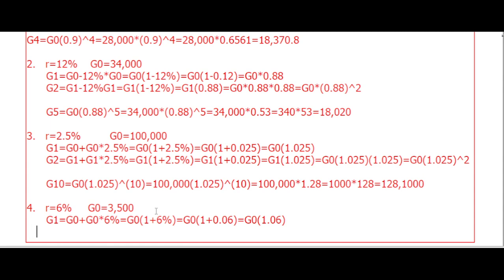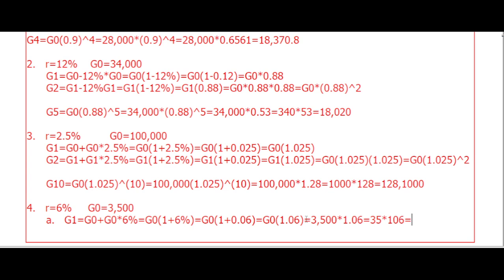Now let's compute G1 for question number 4A. Let's substitute. G naught is 3500 times 1.06, which is equal to 35 times 106.